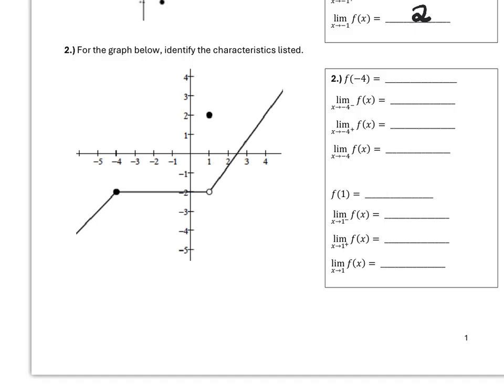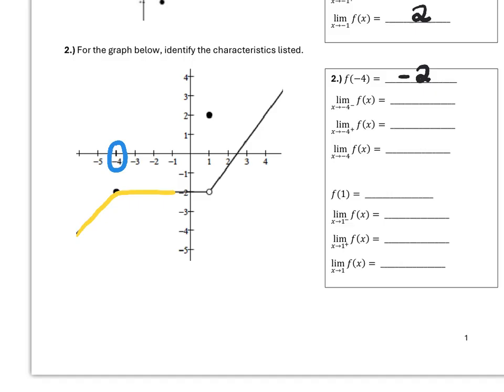We'll do the same thing down here. Okay, we're talking about f of -4. So when x is -4, what is the value of my function? -2. Because we can see that the function is continuous through this point, we know that the limit is going to exist. So that's why you can check for continuity first and look at the value of the function.